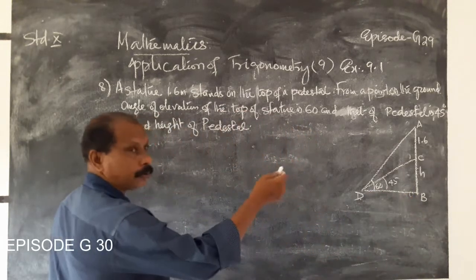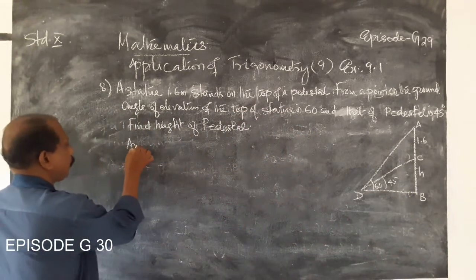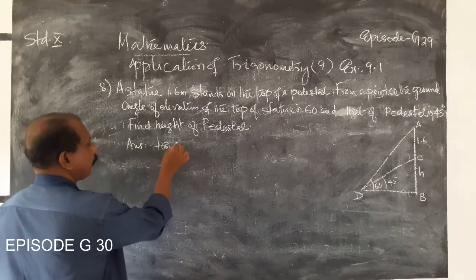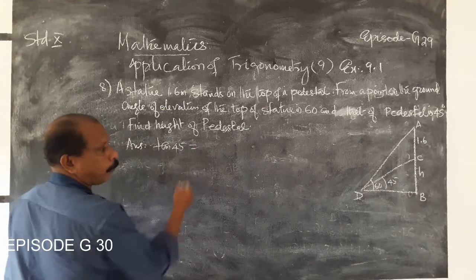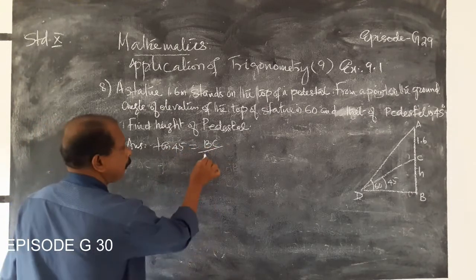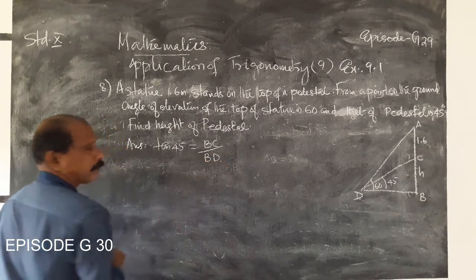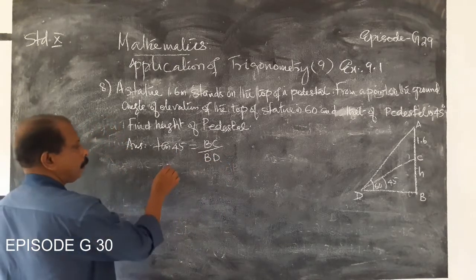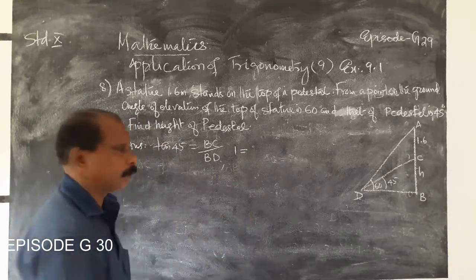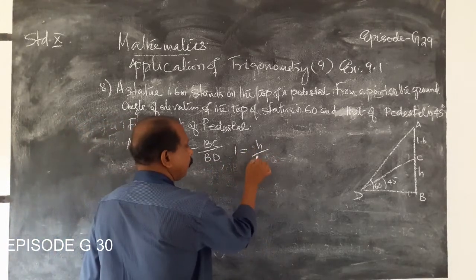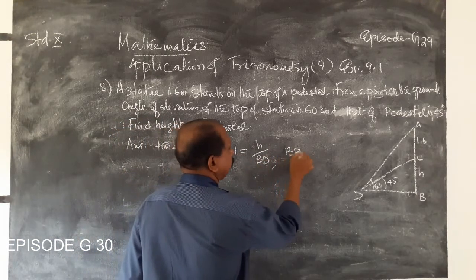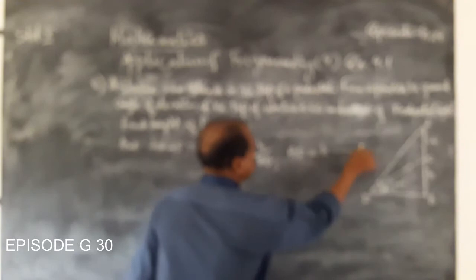Therefore, using that one, tan 45 is equal to opposite side BC by BD. What is tan 45? 1. That is 1 is equal to BC, let us assume that it is H, by BD. Cross multiplication, BD is equal to H. That is an equation.